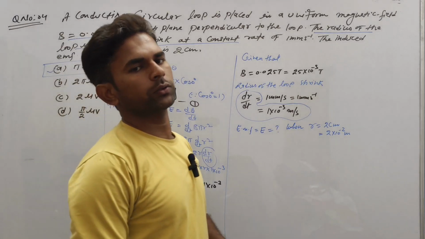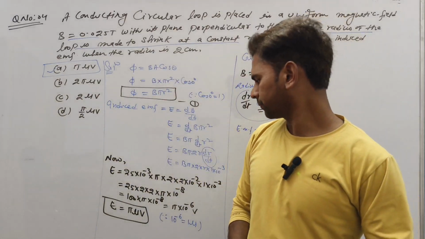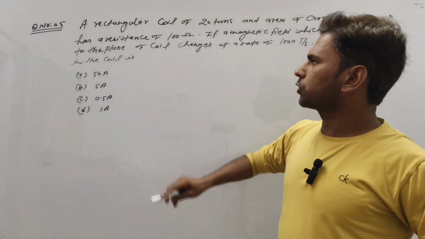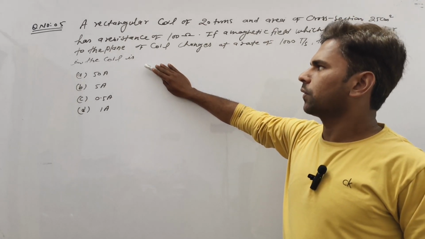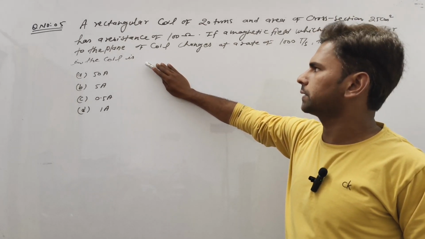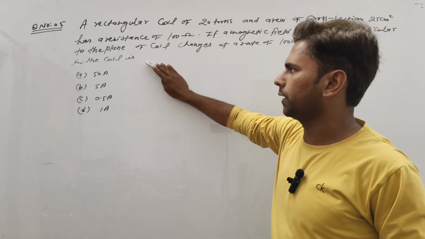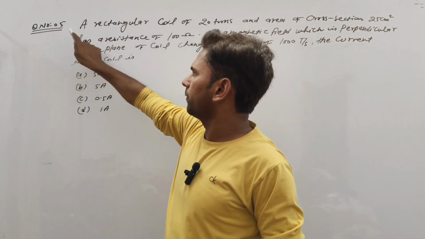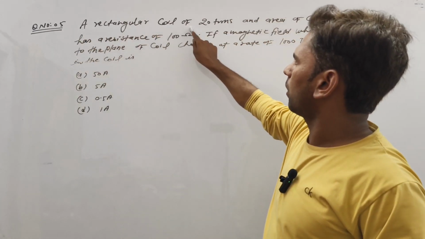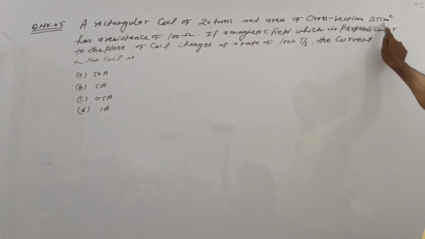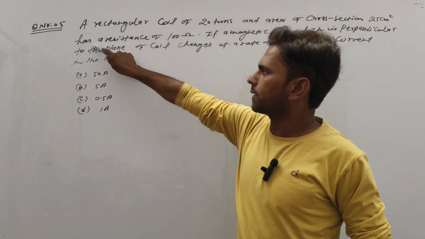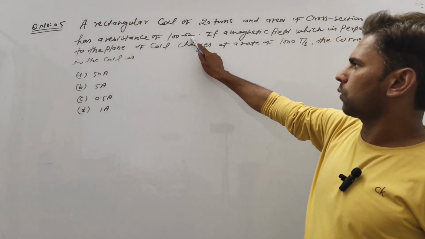So now we are going to solve the next problem. Now we are going to solve question number 5 from the same chapter, electromagnetic induction. We will read this question carefully. This is also a very important question. Question number 5: a rectangular coil of 20 turns and area of cross section 25 centimeter square has a resistance of 100 ohm.